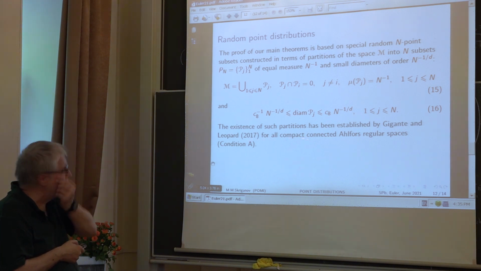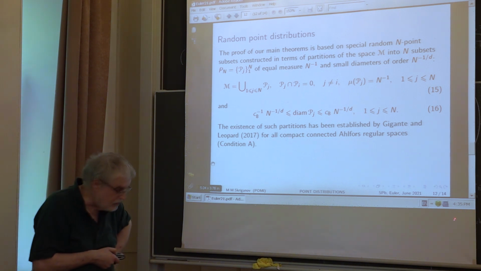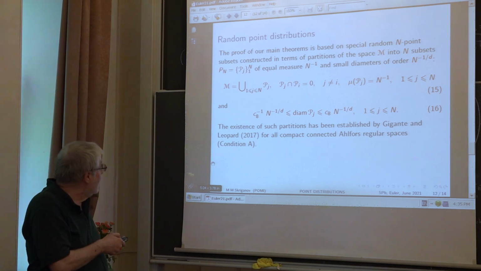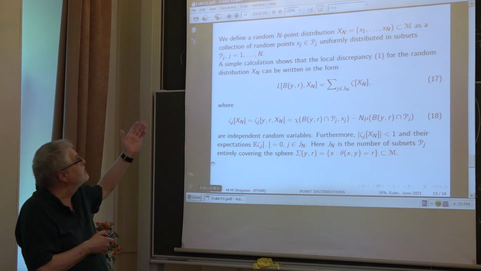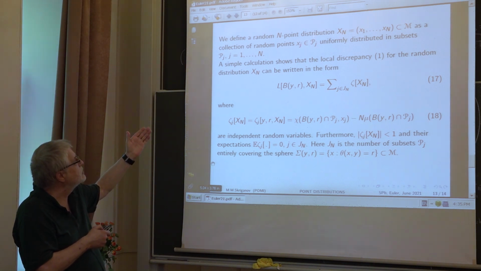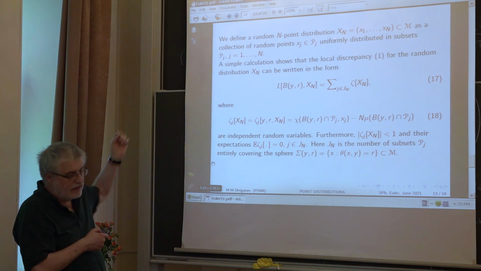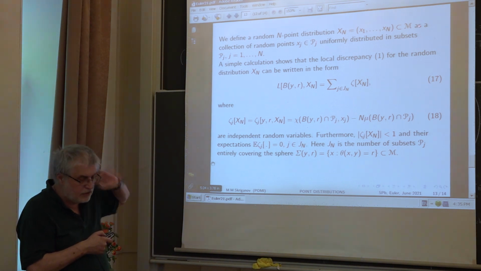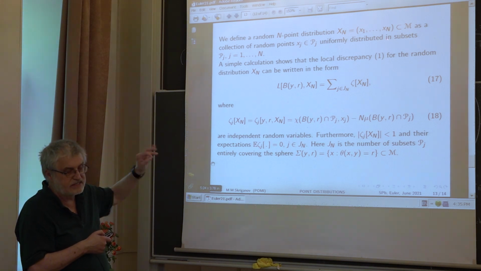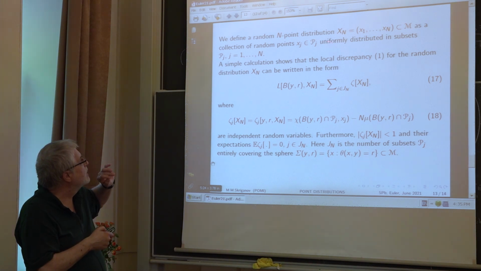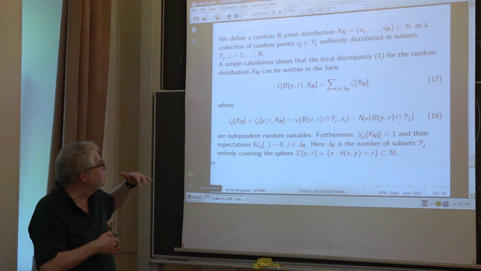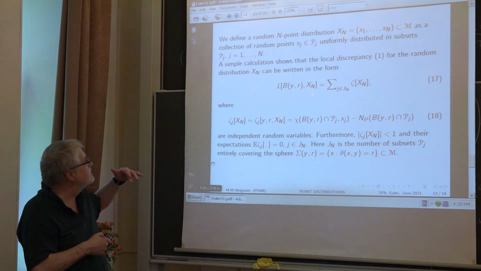Not difficult, but non-trivial. Then we simply construct the following distribution. We consider points precisely in these parts of the partition, and we let them be uniformly distributed in these sets of the partition, and consider the discrepancy of such point sets.